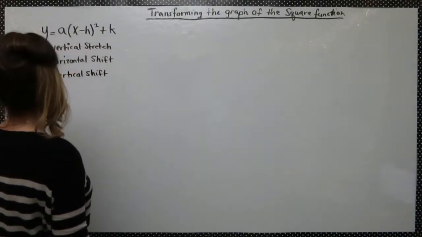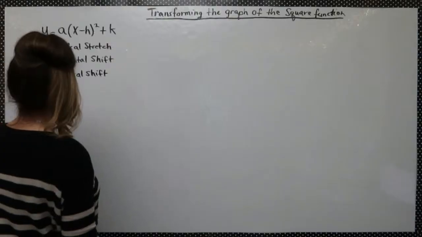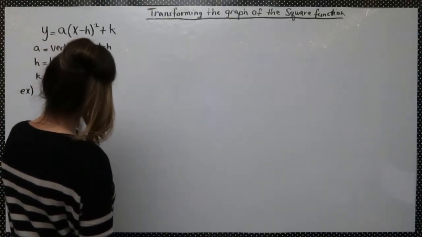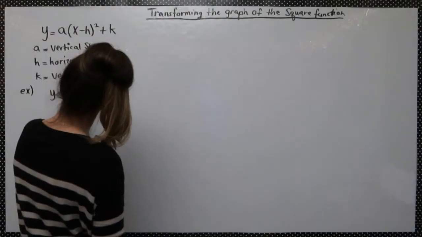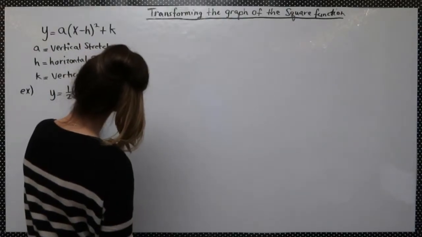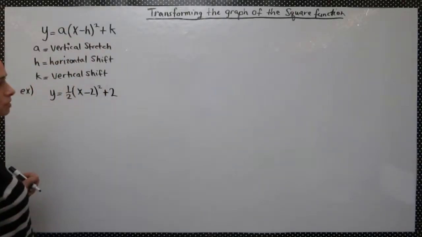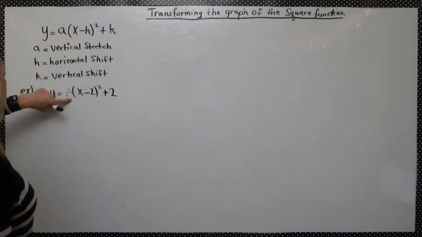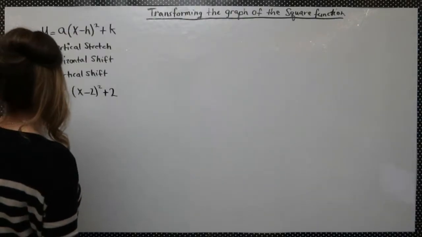So an example would be y equals 1/2 times (x minus 2) squared plus 2. And we'll change that. We'll go ahead and put 2 in there.